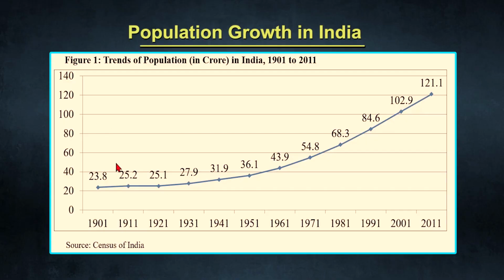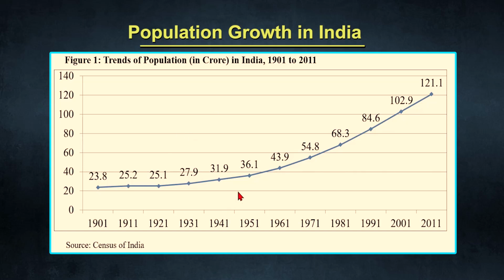This diagram shows the trend of population for a very long period starting from 1901 to 2011. This information is based on the data provided by the Census of India. In the year 1901, the population in our country was 23.8 crore, which increased to 36.1 crore in 1951. That is, during this 50 year period, the population only increased from 23.8 crore to 36.1 crore.